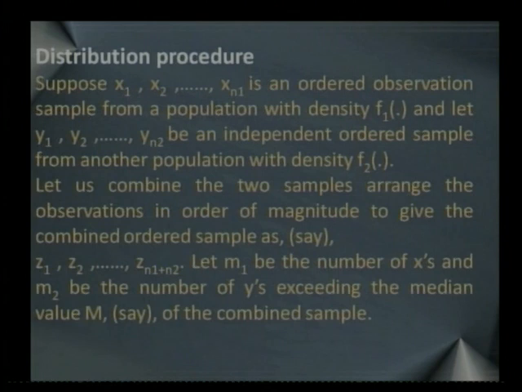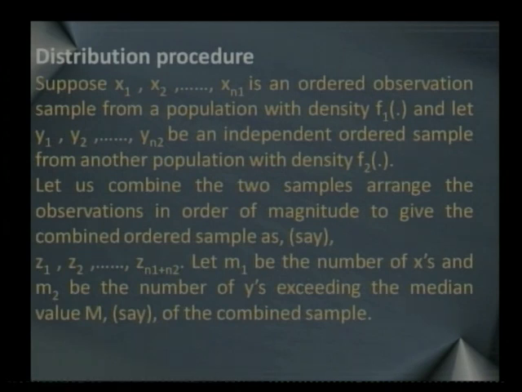Suppose x1, x2 up to xn1 is an ordered observation sample from a population with density function f1, and let y1, y2 up to yn2 be an independent ordered sample from another population with density function f2. Let us combine the two samples and arrange the observations in order of magnitude to give the combined ordered sample, say z1, z2 up to z(n1 plus n2).